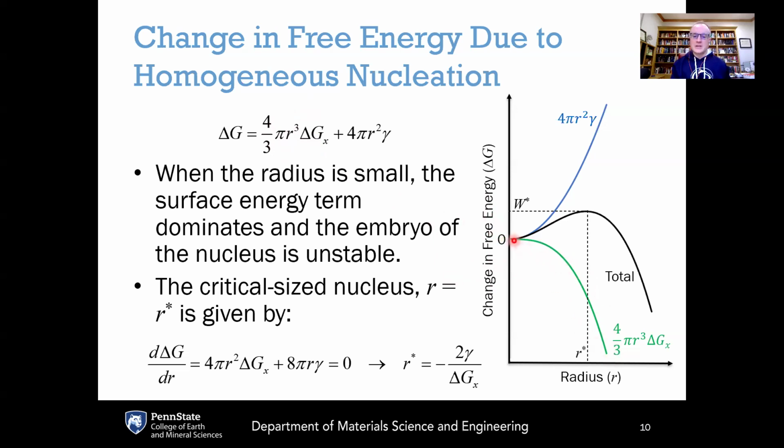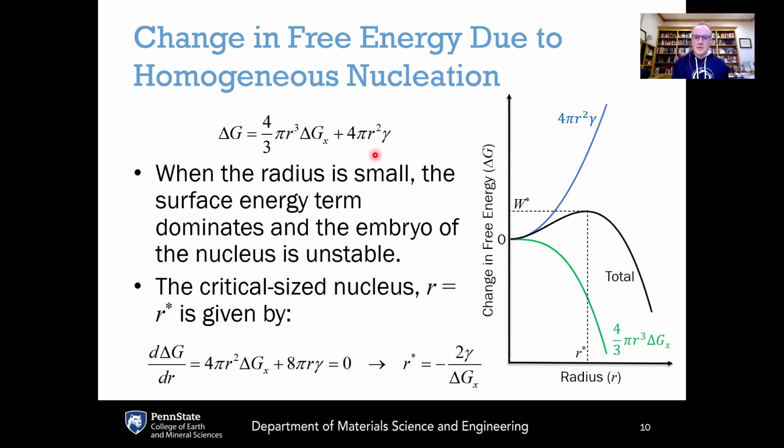And if we are at any temperature below the liquidus temperature, then this delta G sub v would be negative, meaning that it is thermodynamically favorable for the system to crystallize. And so as a function of the growing r, this green curve is going down in free energy, following the third power of r. So this is acting in a thermodynamically favorable direction.